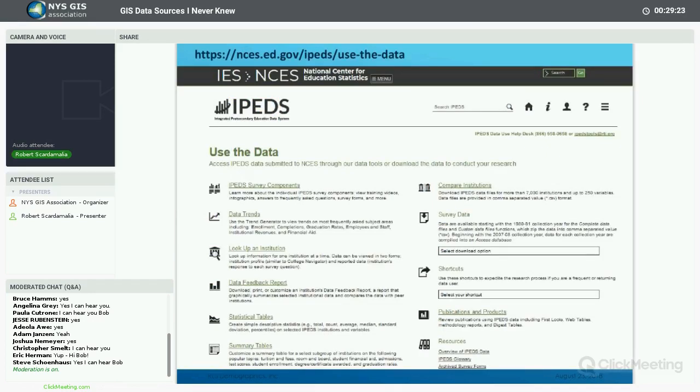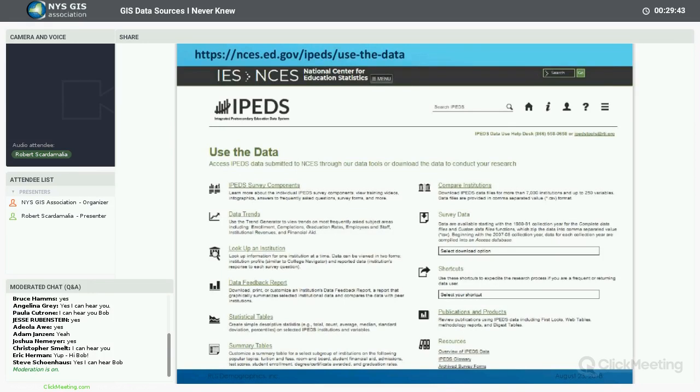IPEDS, again, this is the thing that I'm familiar with. IPEDS is powerful in terms of the amount of data that it can get into your hands. It's also got a bit of a learning curve. It's not something I use every day. Whenever you use something every day, it's pretty routine.